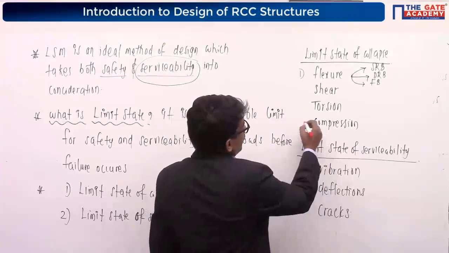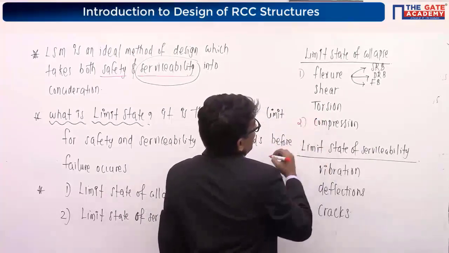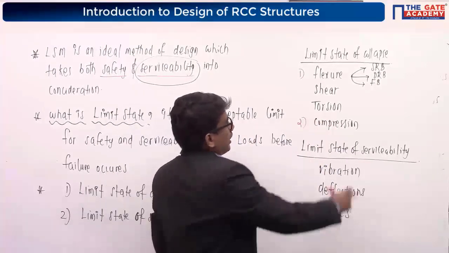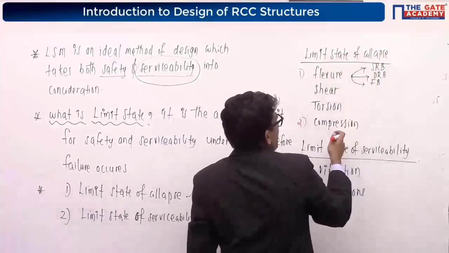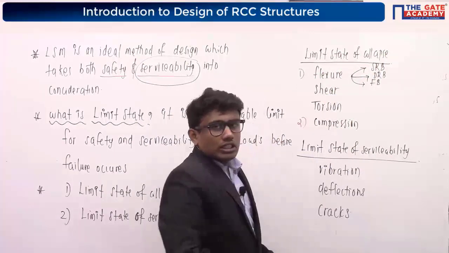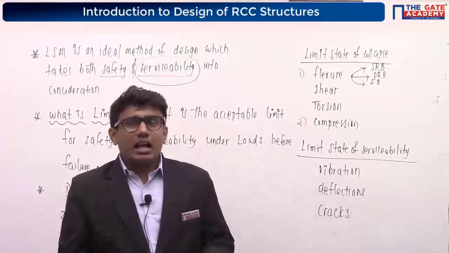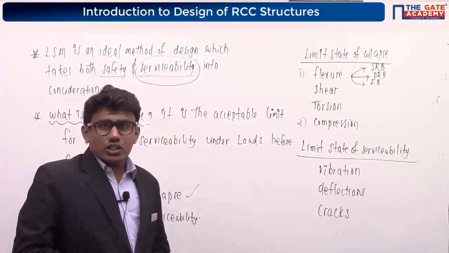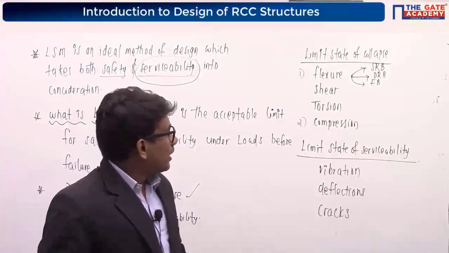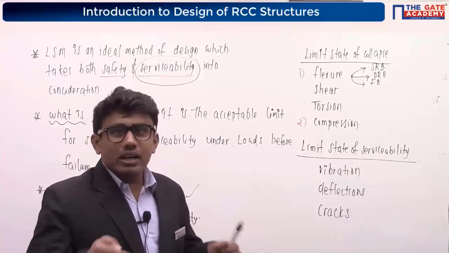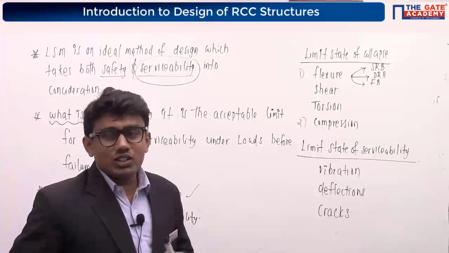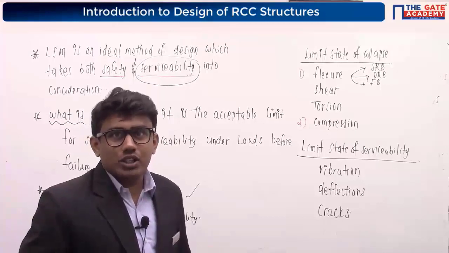And chapter number 2 will be limit state method of collapse compression. Tell me, what are the members carrying compressive force in a structure? When we talk about the reinforced concrete structure, what are the members which are primarily subjected to compression?